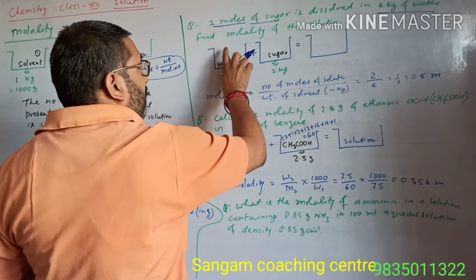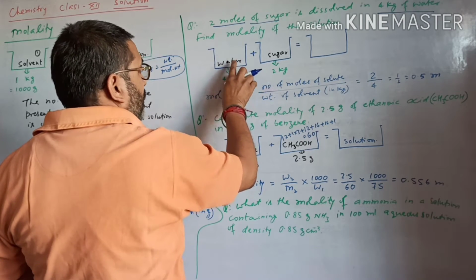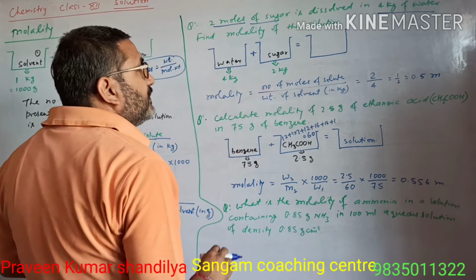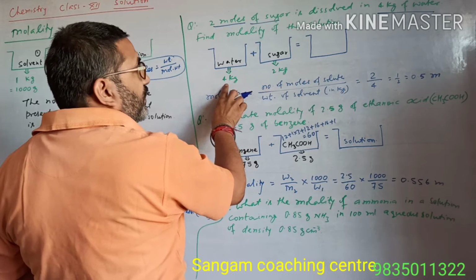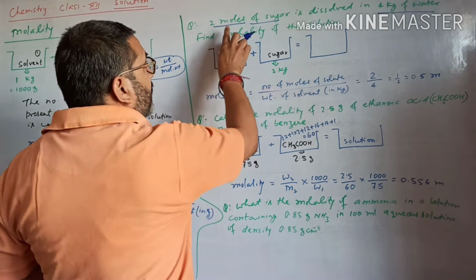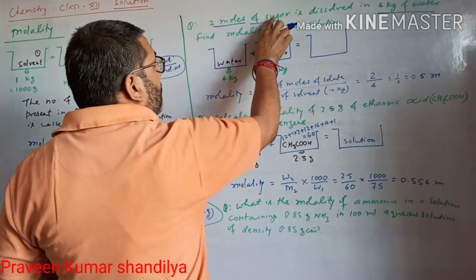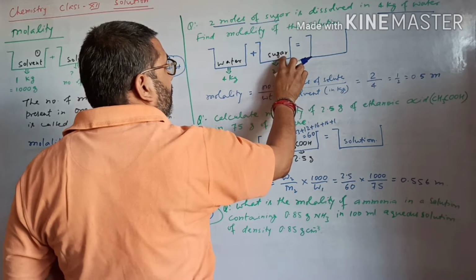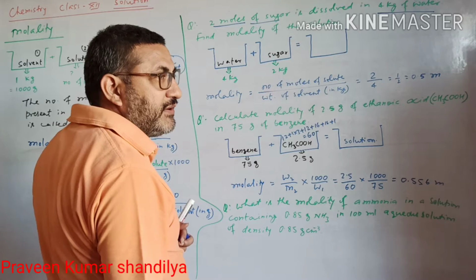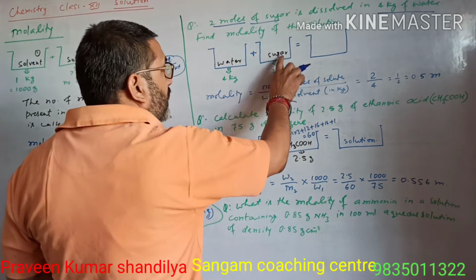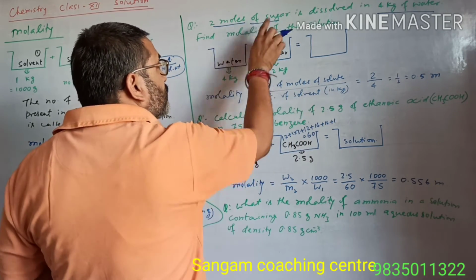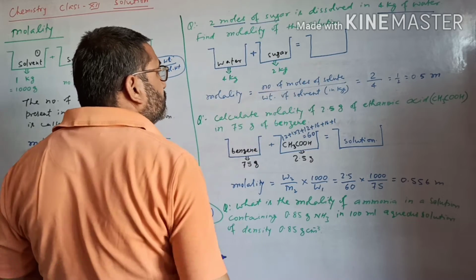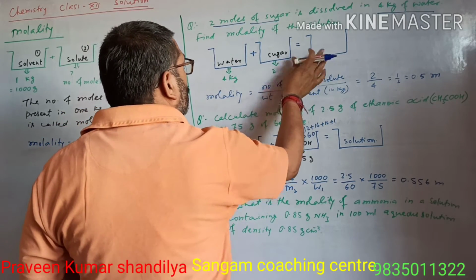Water is solvent, so it is written here: water, 4 kg. And sugar can be written here. Why? Sugar is solute. How much sugar? Sugar is 2 moles.